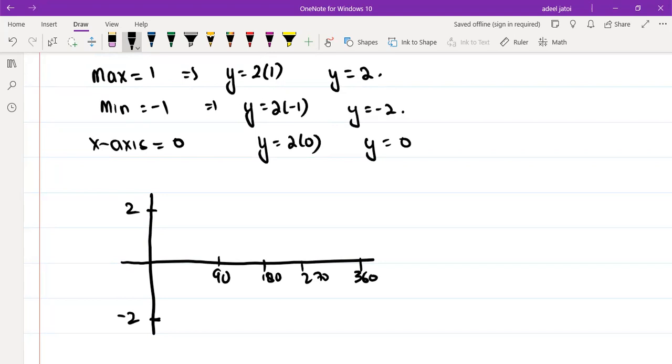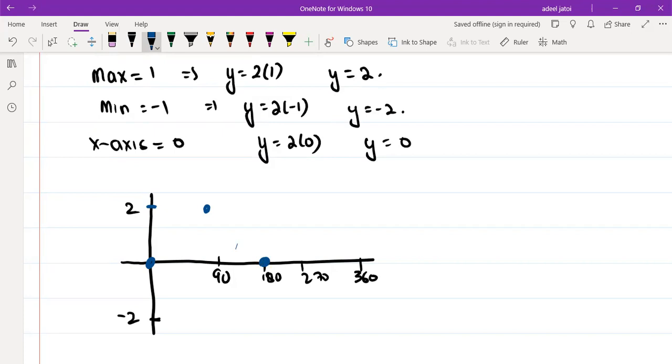On 0 we used to have 0, because sine 0 is 0. On 90 we used to have 1; now on 90 we'll have 2. On 180 we used to have 0. The 0 did not change, it is still the same, so obviously it will remain the same.